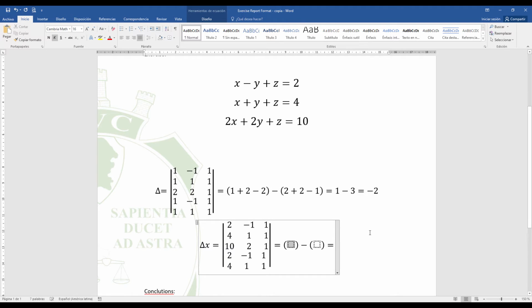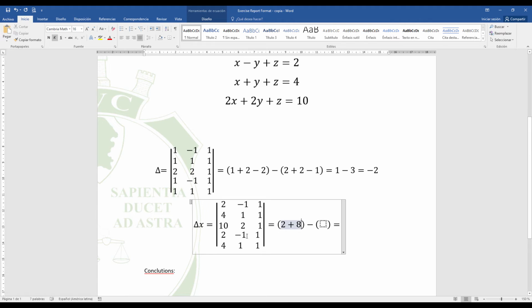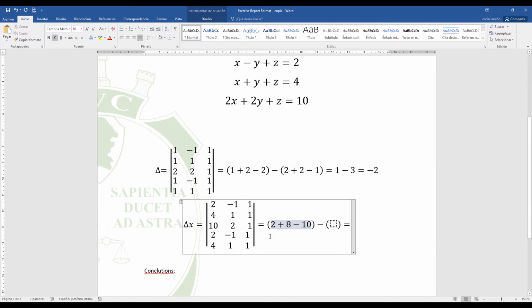So you multiply 2 times 2 times 1 times 1, so it's 2. 4 times 2 is 8 times 1 is 8, and here 10 times minus 1 is minus 10.